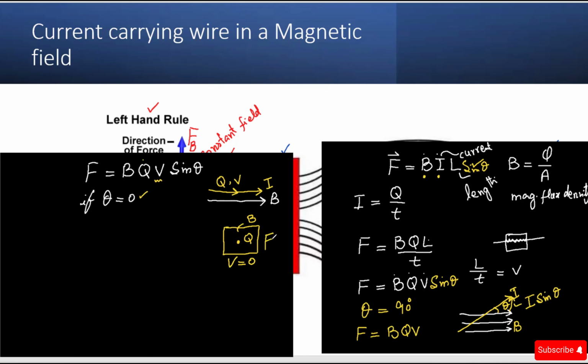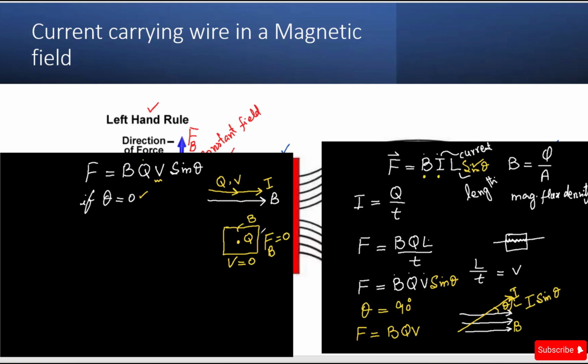So the magnetic force on this charged particle which is at rest will be 0. If it's moving parallel, it is 0. Now, what we understand here is that to experience the force from a magnetic field, the particle must not be moving parallel to magnetic field lines. Second, it must not be at rest. If it is at rest or parallel, then the field will be totally blind about that charged particle.